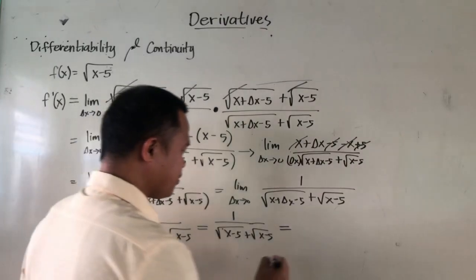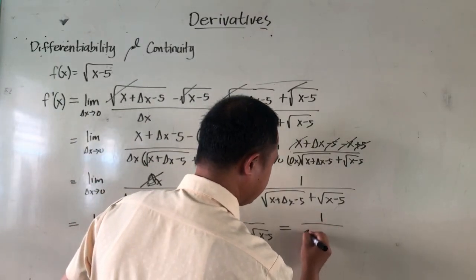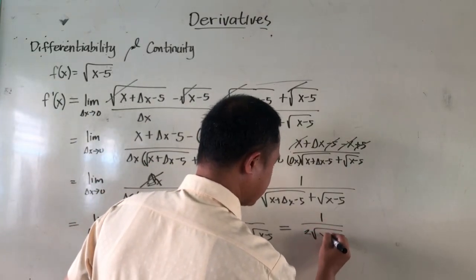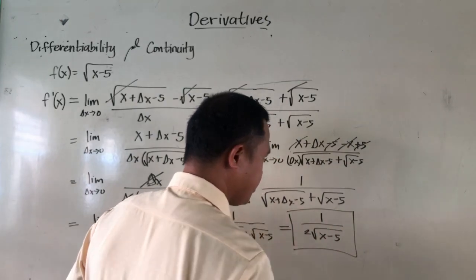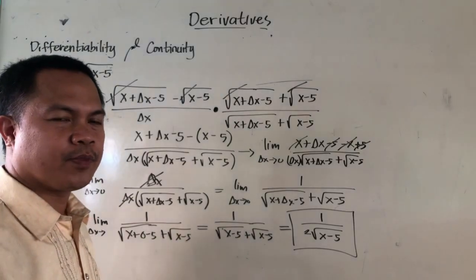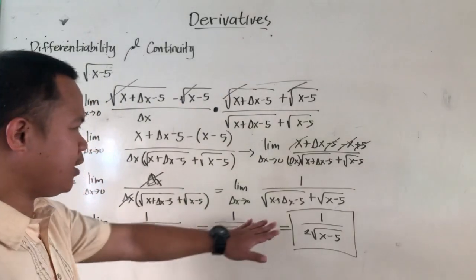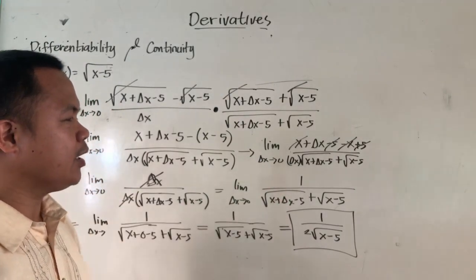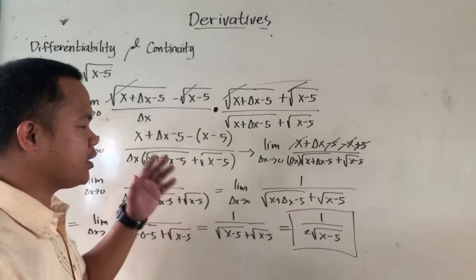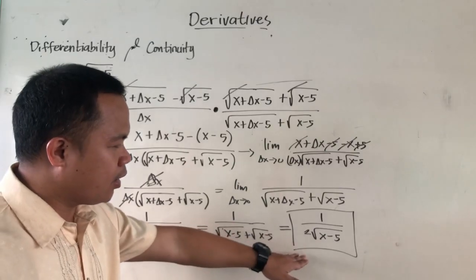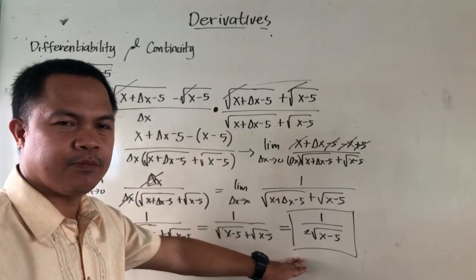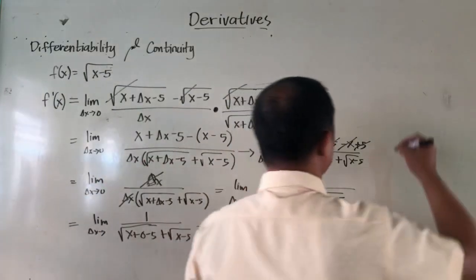So, using this, we'll have 1 over 2 square root of x minus 5. This will be your derivative. Ano po? So, as you can see, if we're going to differentiate the given function, it will result to this.